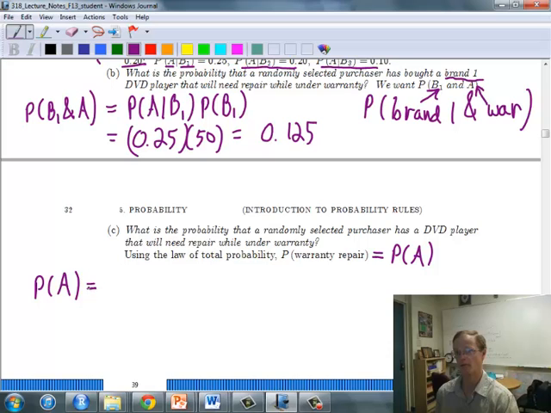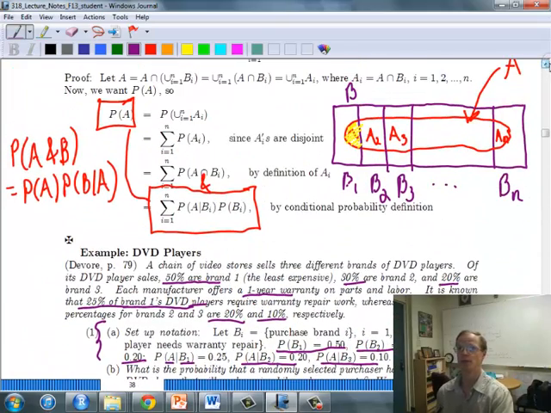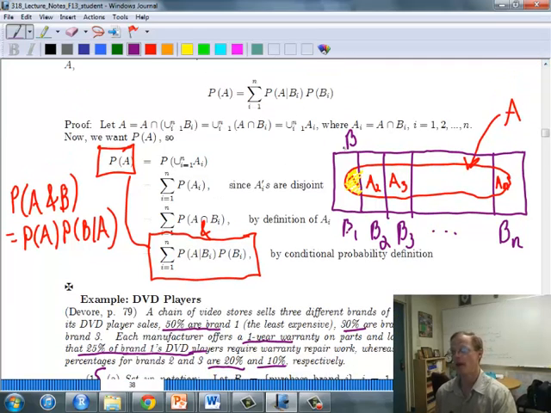This is where our law of total probability is going to come in. And employing the law of total probability, we have the three parts. So the probability of A1 part is probability of A given B1 times probability of B1. Okay. That covers brand 1 players. So just taking a look here, that would be equivalent to this first component.